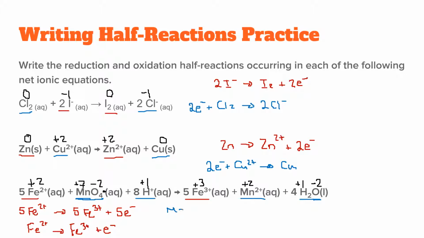So we have MnO4-, plus 8 hydrogens. It's going to yield Mn2+ and 4 water molecules.